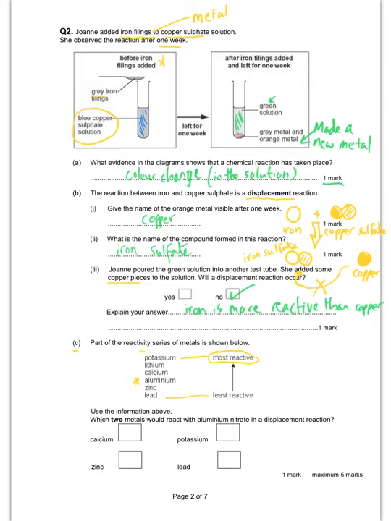And so the three metals that are more reactive than aluminium are potassium, lithium, and calcium. And so if we find them, we've got potassium and we've got calcium in the top row. Zinc and lead, they are not reactive, so they won't be able to take any of the nitrate away from the aluminium. And so we need both of them for 1 mark because it says which two.